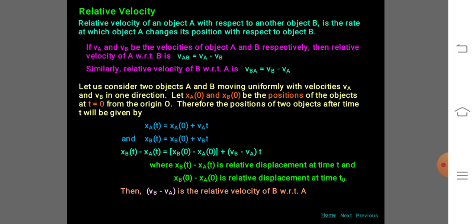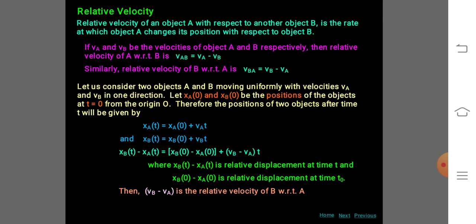What is this? It is the relative velocity of B with respect to A, and you already know the formulas of relative velocity: VAB is VA − VB, and VBA is VB − VA. So this is about relative velocity. It is a short derivation for relative velocity.